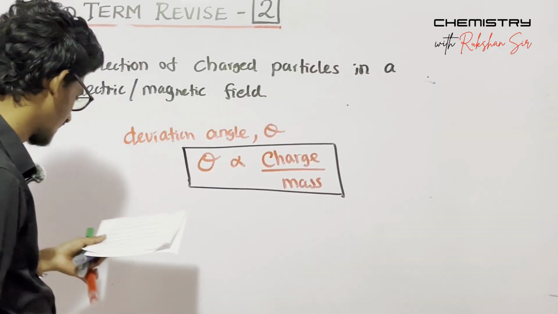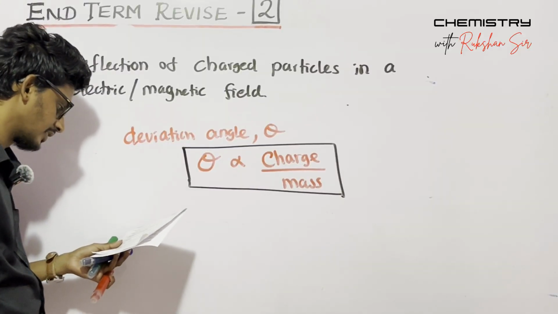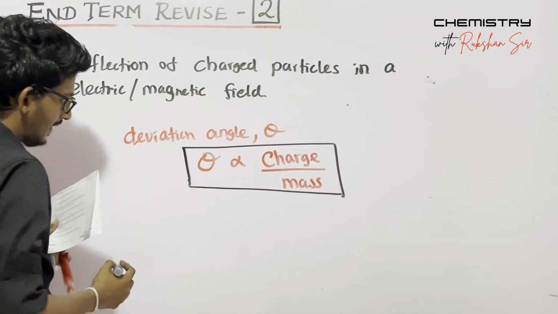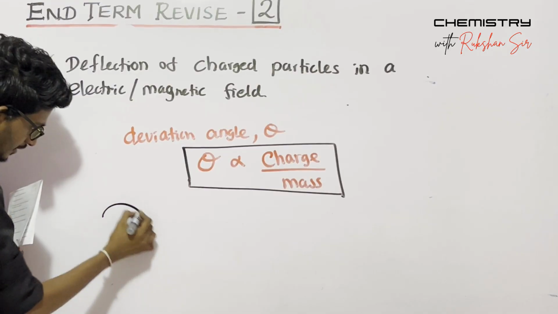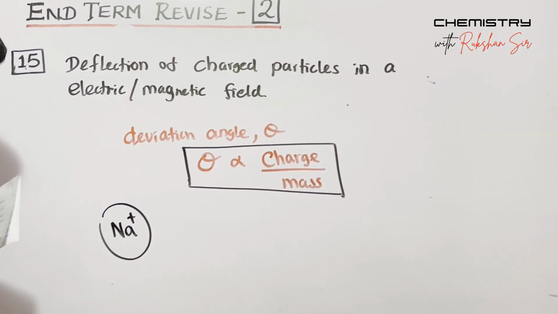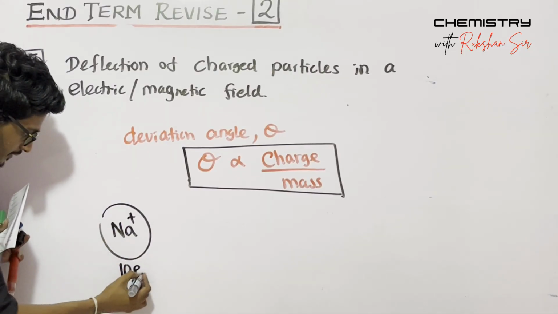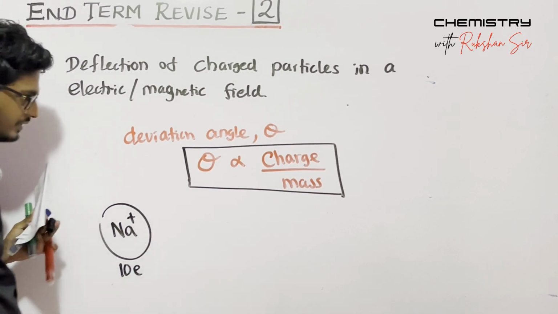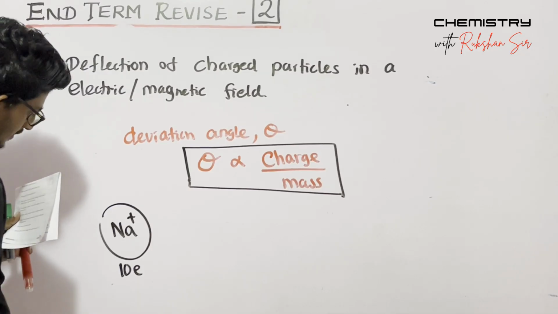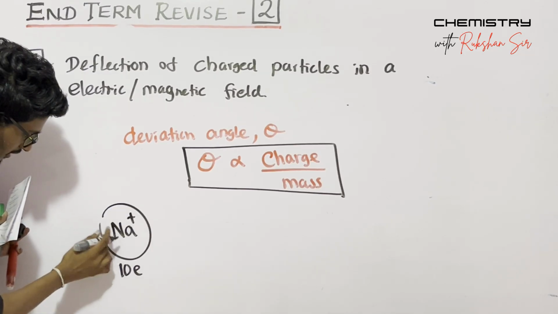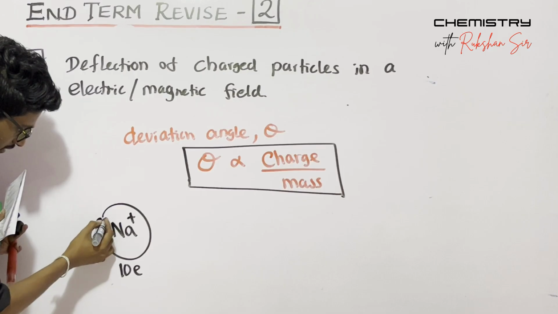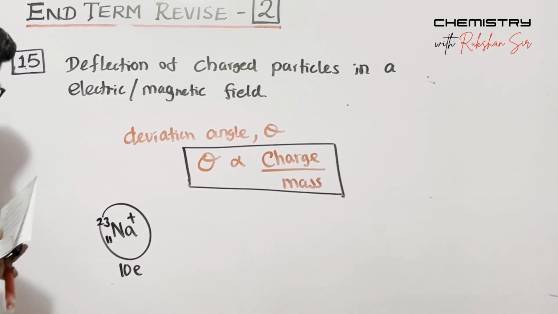So this is about deflection of Na plus ions and the Ca2 plus ions. Na plus has 10 electrons. What is the mass here? It is the 11th atom, and 23 is the mass number.